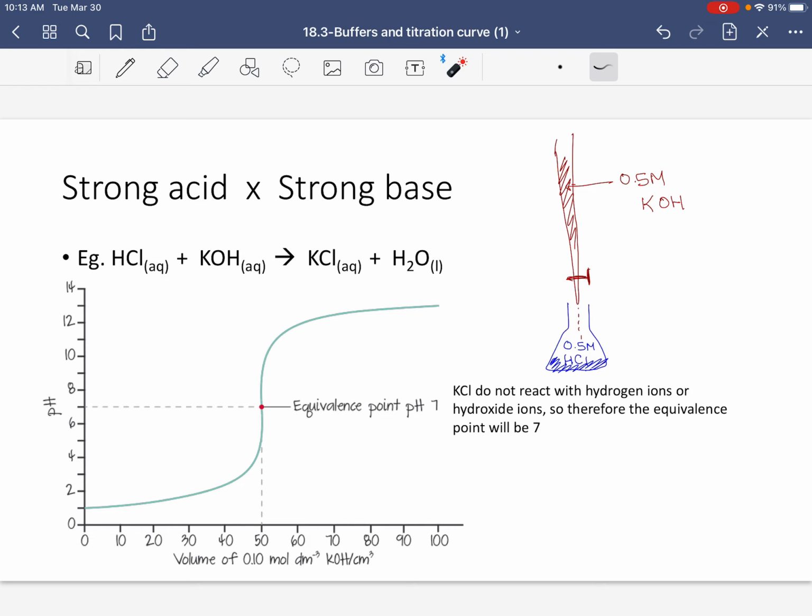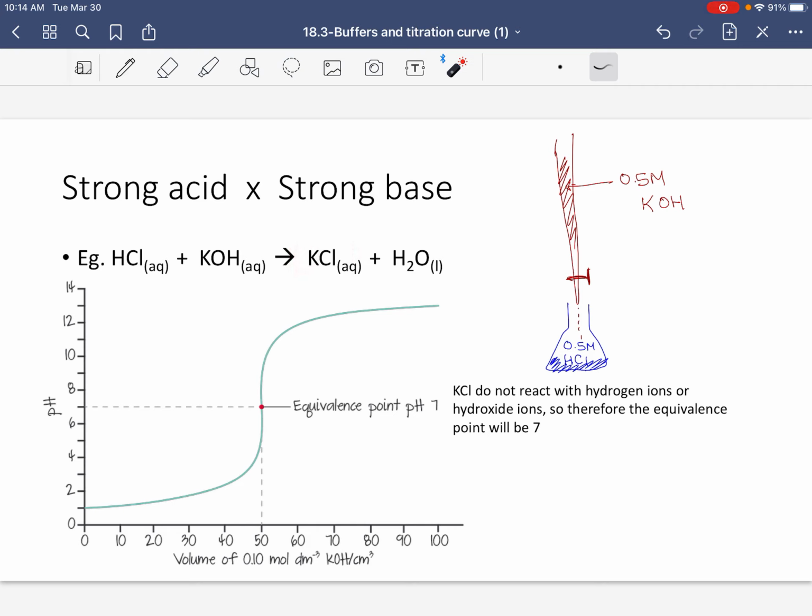When you drop KOH into hydrochloric acid, you're creating KCl and water. So little by little, the concentration of this is going to be going down, and the concentration of this will be going up.